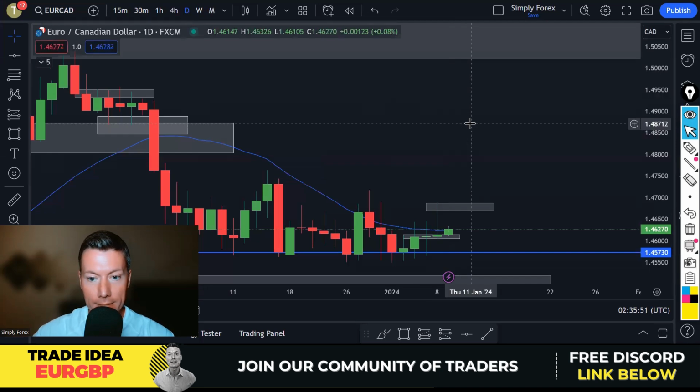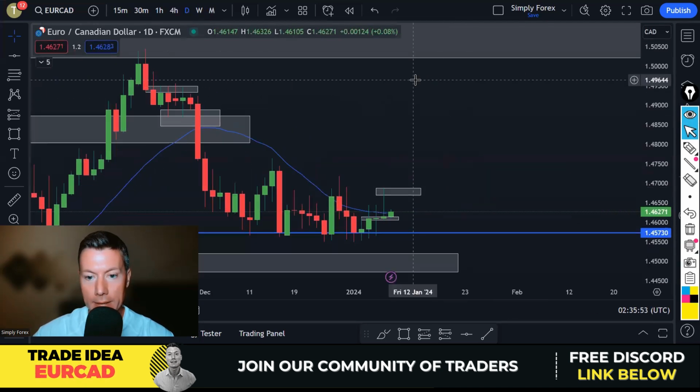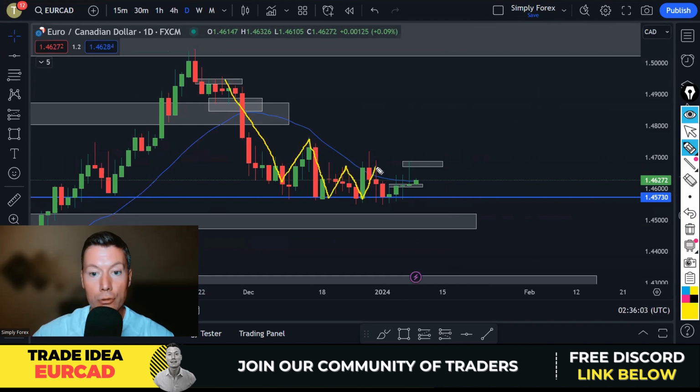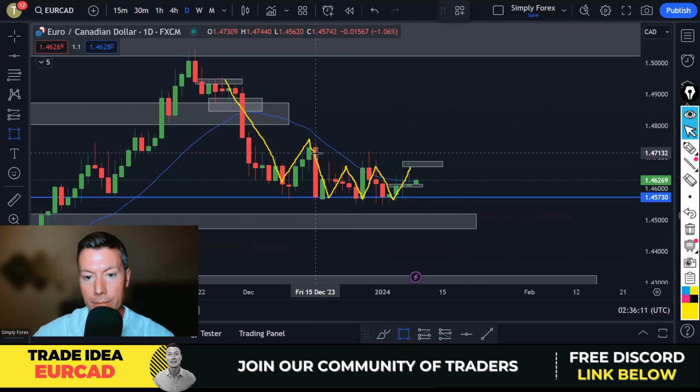Right, EURCAD. This is also a trade idea because we're in a downtrend. If we look at this, guys, you can see clearly that we are still in a downtrend slash range, really. So I could argue put a large grey zone through here, because we're at the top of this range.